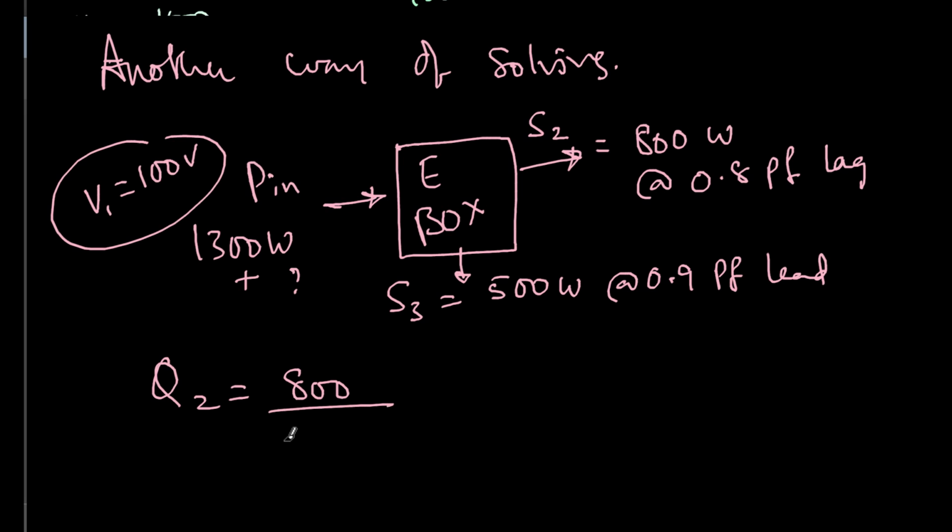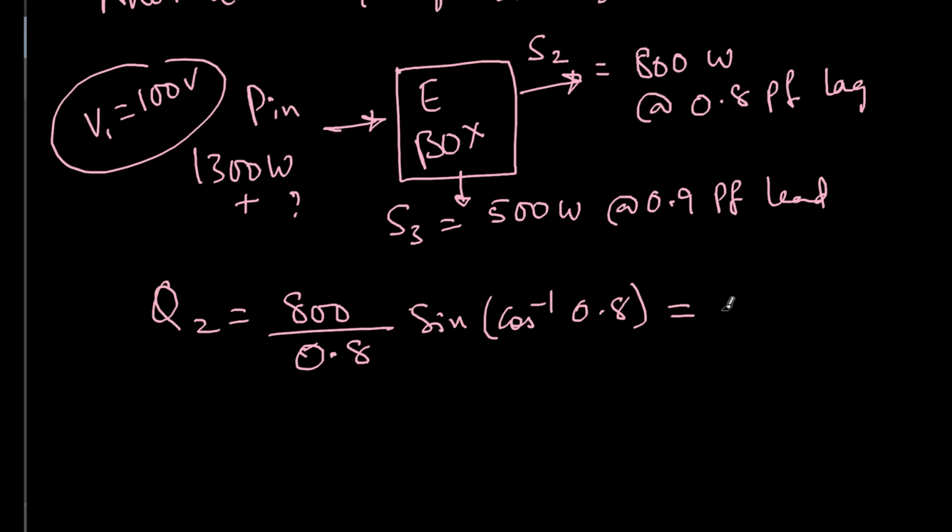If you divide by cos of the power factor, that is 0.8, I'll get the kVA or the apparent power, and then multiplied by sine of cos inverse of 0.8, I'll directly get the Q2.